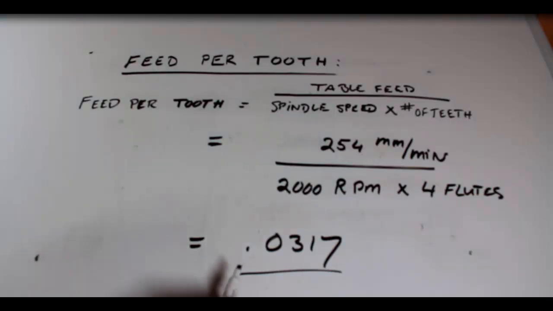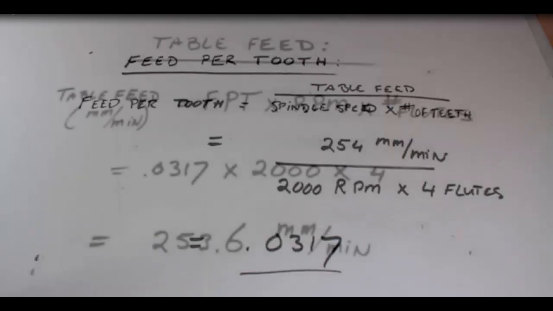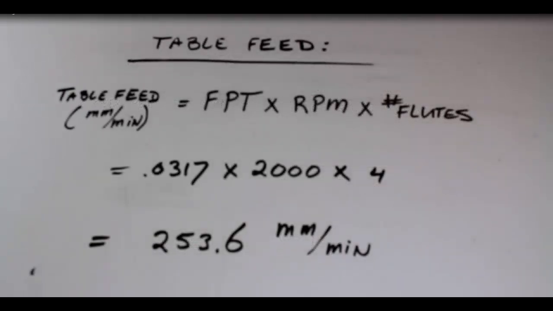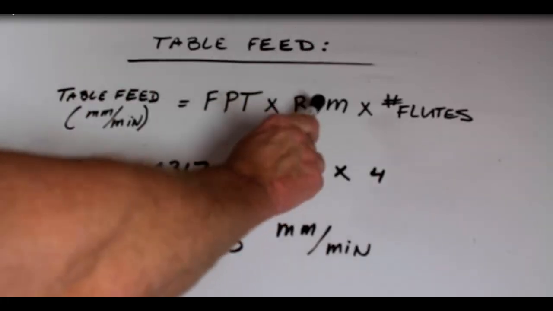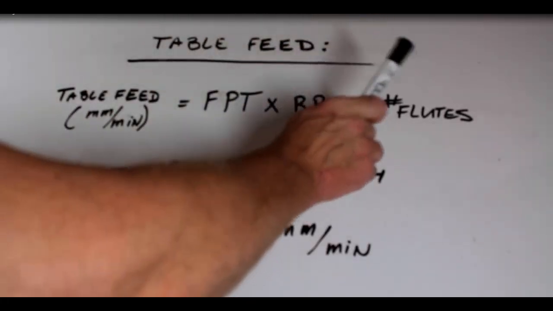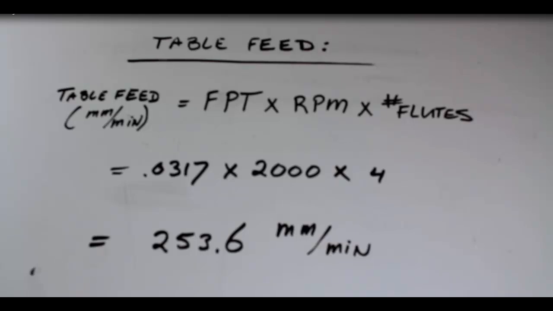If you have this information, the feed per tooth, then in turn you can use the next formula, which is calculating the table feed in millimeters per minute. So let's do that one next. The formula for table feed is the feed per tooth multiplied times the RPM times the amount of flutes on your tool.